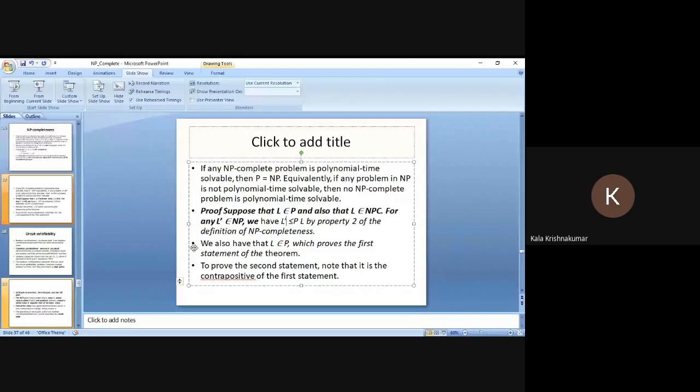For any L dash element of NP, we have L dash polynomial time reducible to L. So if any L dash element of NP, then we can polynomially reduce that L dash to L. Then we also have that L dash is element of P, which proves the first statement of the theorem.